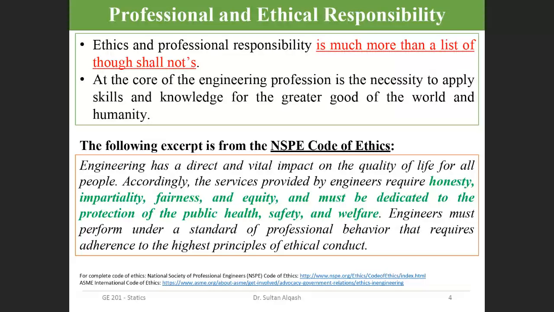He should do whatever he is proposing in terms of design with equity for male and female, and also for people with disabilities, and also ensure that this design will be safe and will not harm public health, and should take care of the welfare.